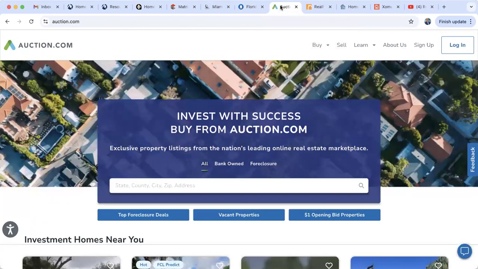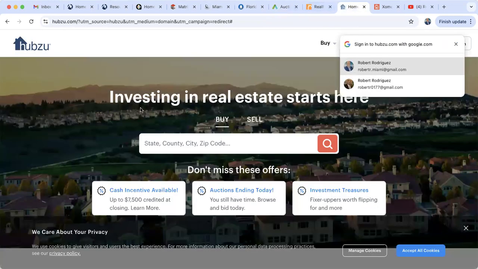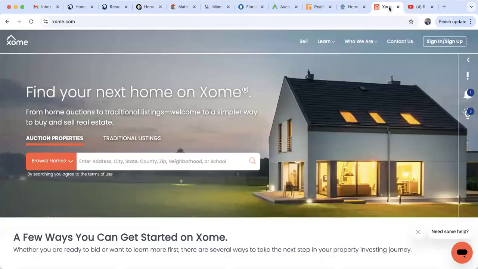We've all heard of auction.com. This is another website where you can find really great opportunities. There's also Hubzu.com, another website where you can go in and try to find great properties. And then there is Xome.com. These are all auction websites.